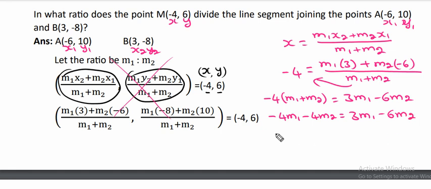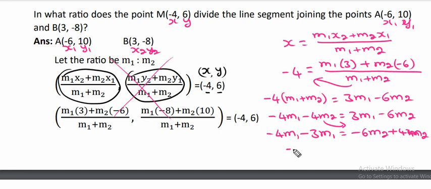You have to transfer the like terms. Here -4m1, you have to transfer this 3m1 to the left hand side, that gives you 3m1. That is equal to -6m2 is there. You have to transfer this to the right hand side, that gives you plus 4m2.